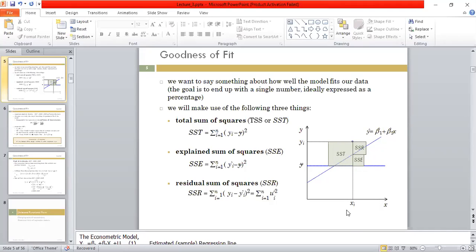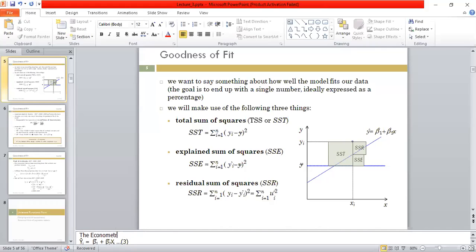We picked one value where x equals xi, maybe 100, and y equals yi, maybe 80. So this height is y. What is this height up to this line? Y bar, exactly.